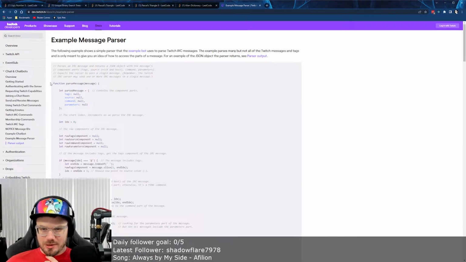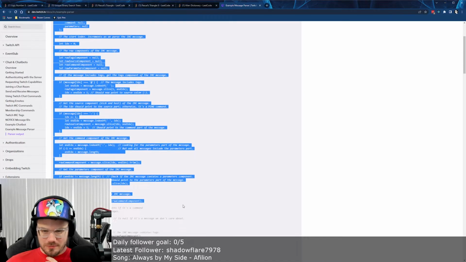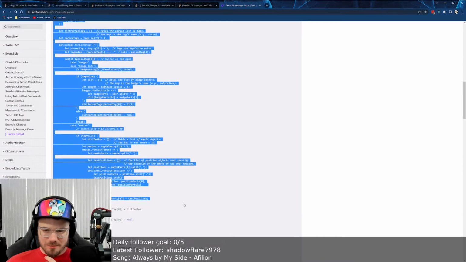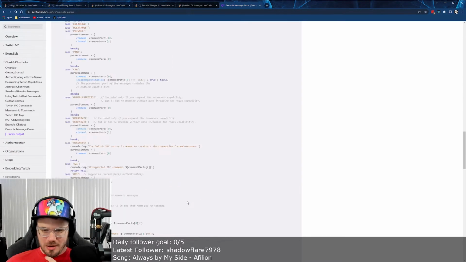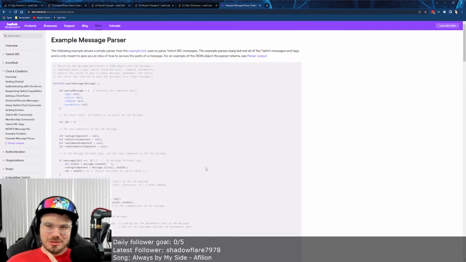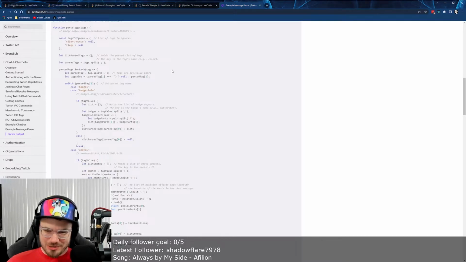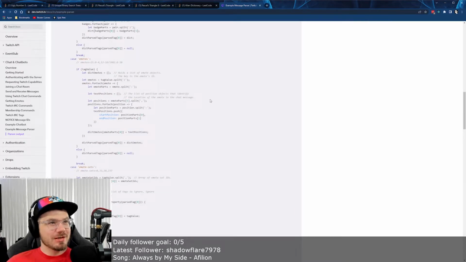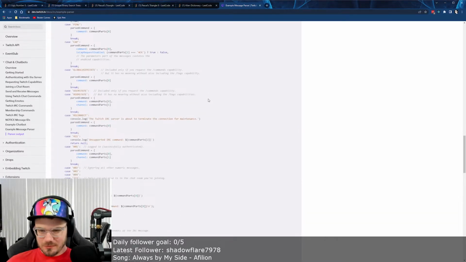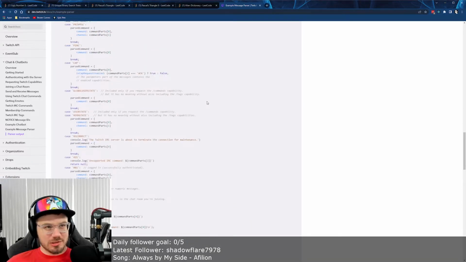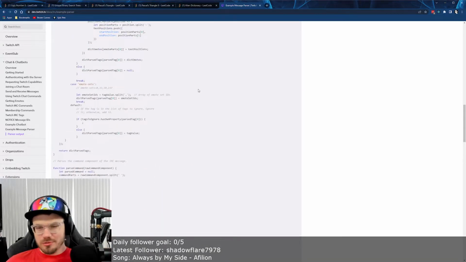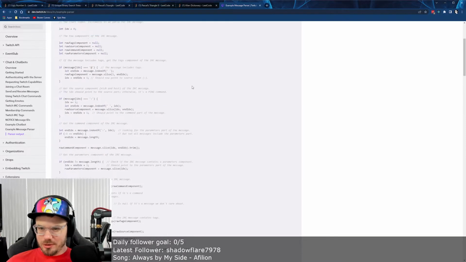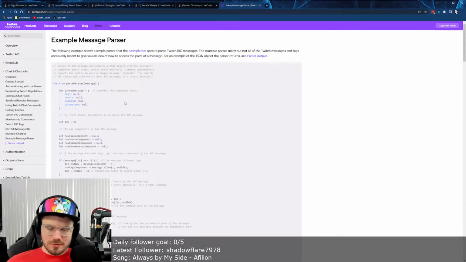So they give you this, and the idea is you can copy and paste this into your code. But they say this supports most of Twitch's chat message types, but not all. So you have to actually change this if you want to be able to parse all the message types. Yeah, that's a good point too. I want to find some libraries that will maybe do this for me, but I haven't gone looking yet.